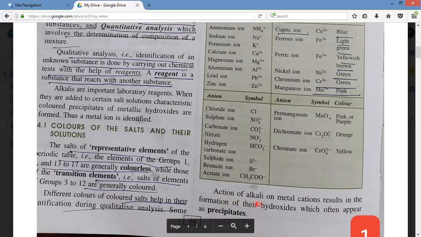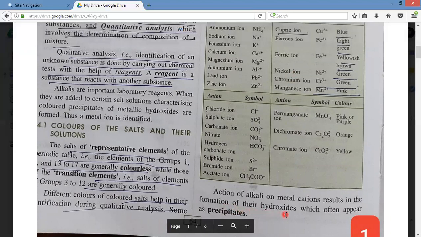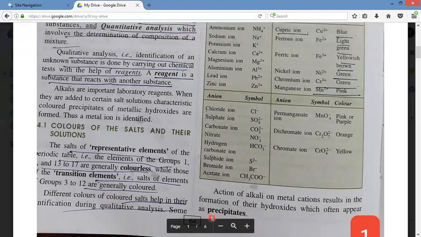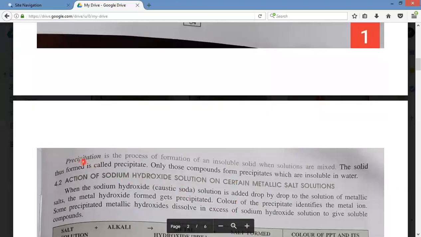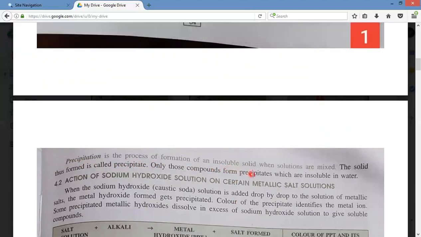When we treat the alkali with a metal cation, the results are different and it forms hydroxides, which mostly appear insoluble in nature. When they are insoluble, they form a precipitate, and the process is called precipitation. Precipitation is the process of formation of an insoluble solid.